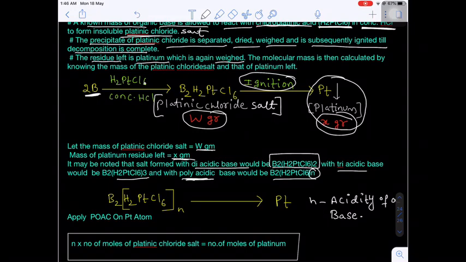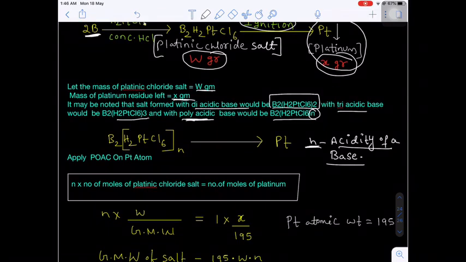The n is indicating the acidity of a base. Let's suppose I am taking a polyacidic base. We don't know how many lone pairs of electrons will be present, so let's suppose n. Now this is the salt.